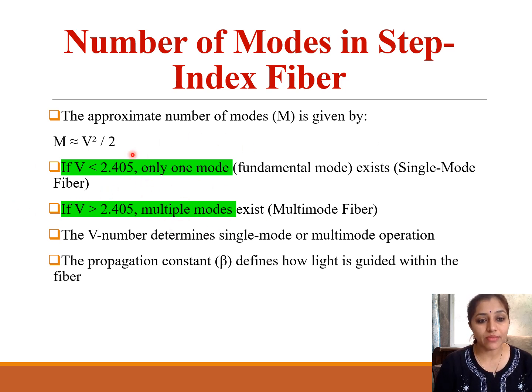To calculate the number of modes, the formula is M equals V squared divided by 2. So if V is less than 2.405, one mode. And if V is greater than 2.405, it is a multi-mode fiber, and you can calculate the number of modes by putting in the value of V here.